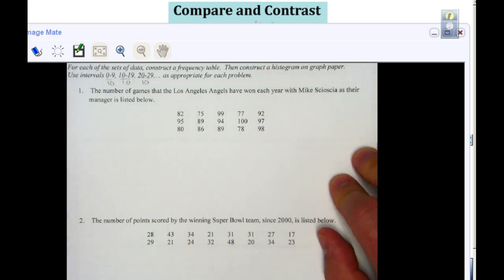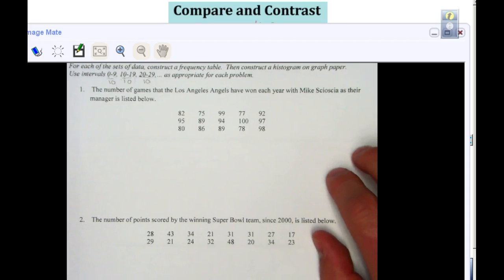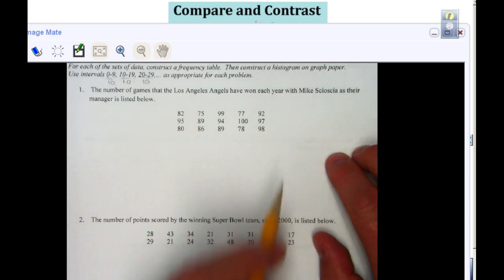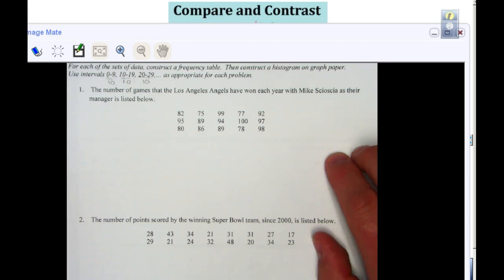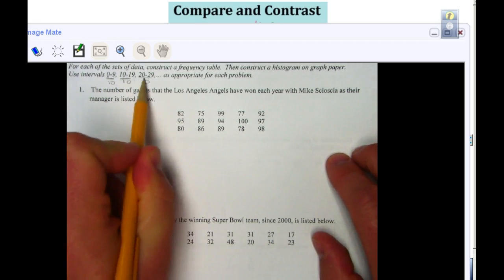Okay? So let's take a look at just the first one. And we're going to construct a frequency table. So we're going to figure out how much of each category. So our categories are going to be of this nature, categories of 10.